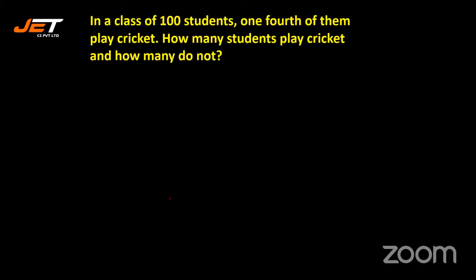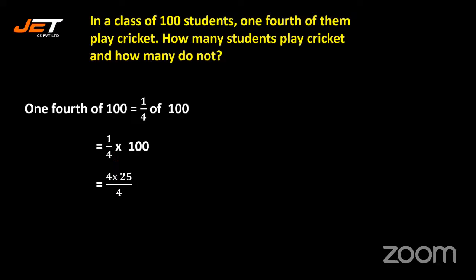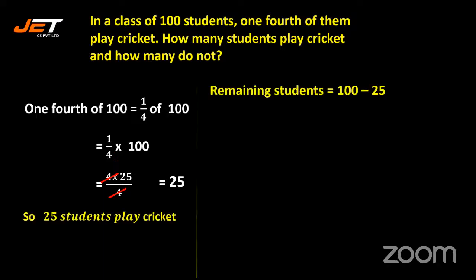So here, 1/4 of 100. 100 is written as 4 times 25. 4 cancel, 25. That means 25 students play cricket. Now, how many of them do not play? Total are 100. Take away 25. That is equal to 75.